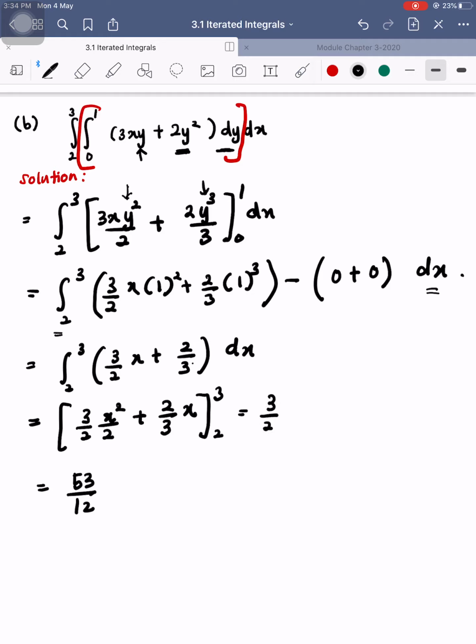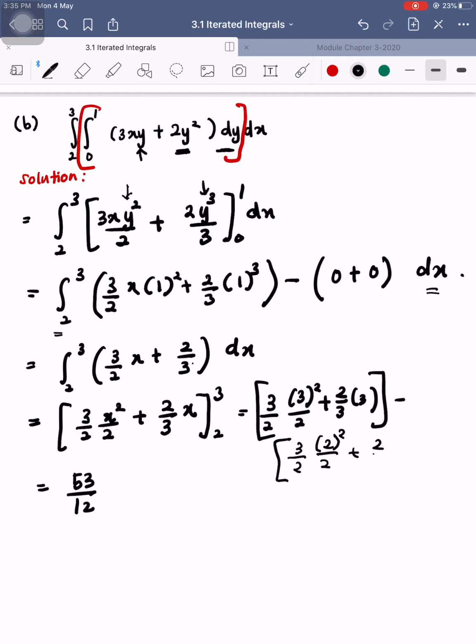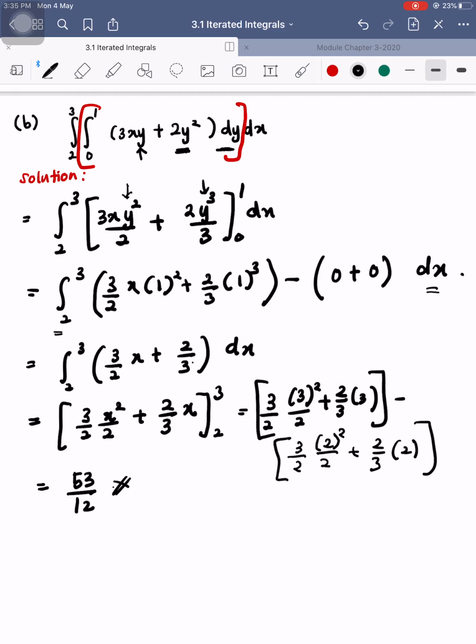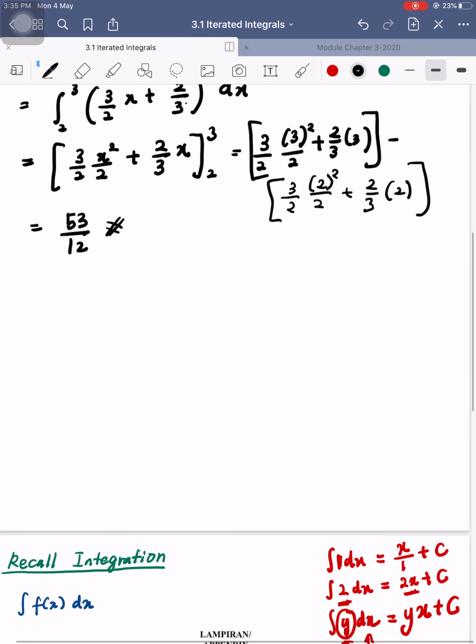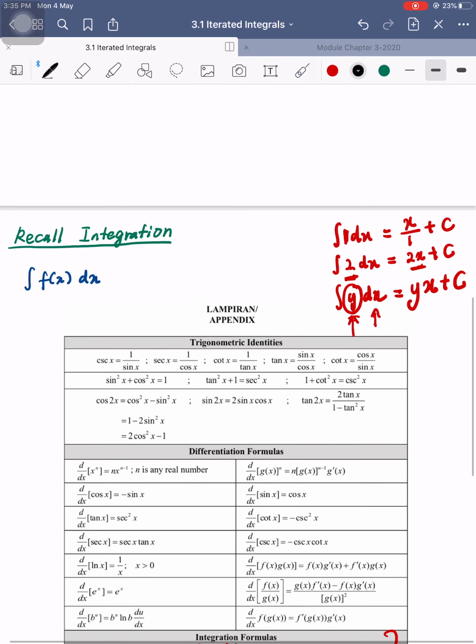For those who didn't get what I said, 3 squared over 2 plus 2 over 3, minus inserting the value of 2: 3 over 2, 2 squared over 2 plus 2 over 3, 2. And then you get this one. Check your answer. Some of you might have forgotten about integration, so I recall some of the integration.